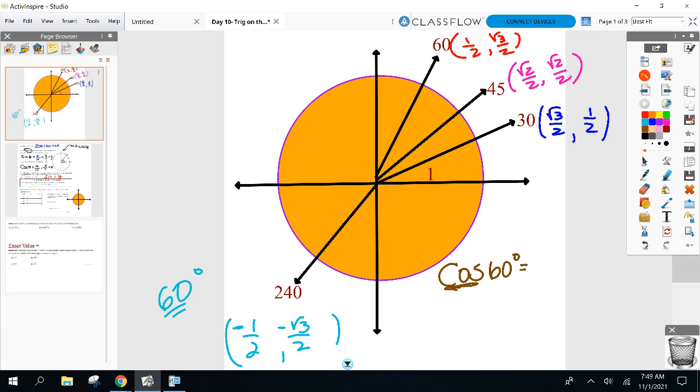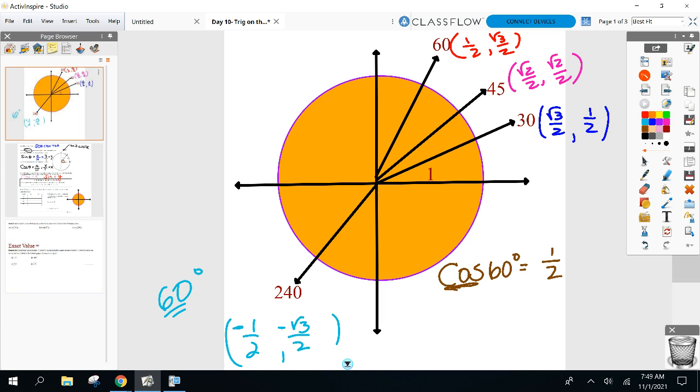X or y? You guys just wrote it down. So what's the x coordinate at 60 degrees? Everyone go to your calculator right now. Hit cosine of 60. 0.5, 1/2. That's how we're going to use them now.